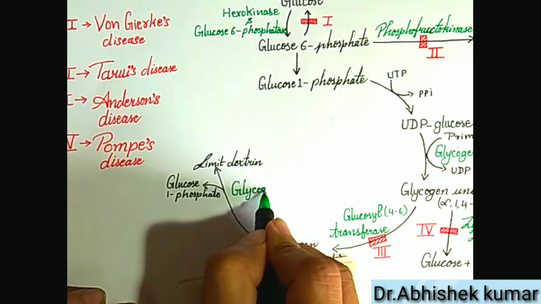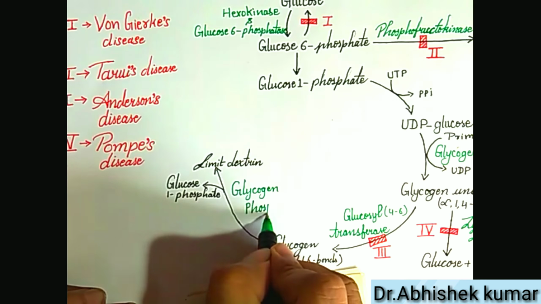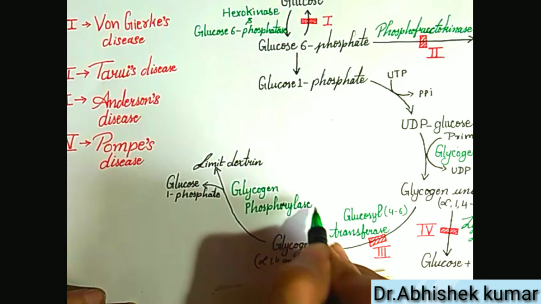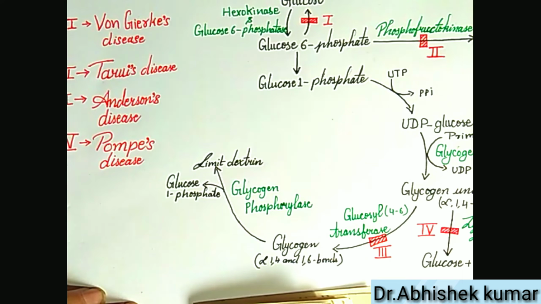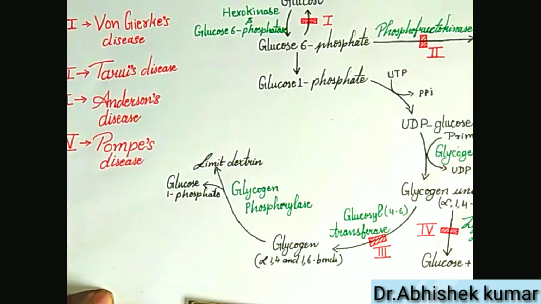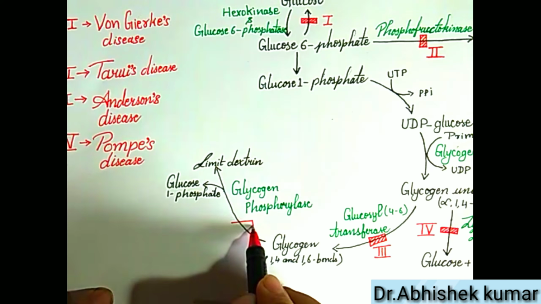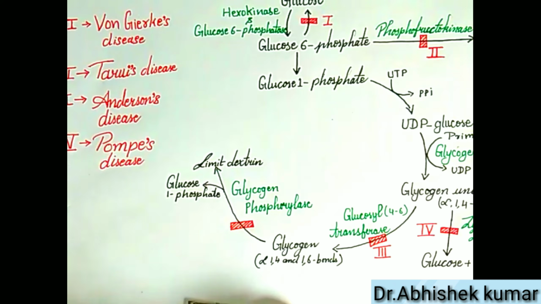This is with the help of the enzyme glycogen phosphorylase, the enzyme which converts glycogen into limit dextrin.